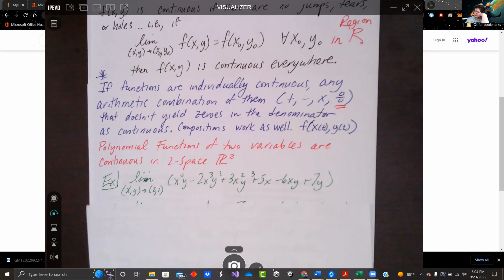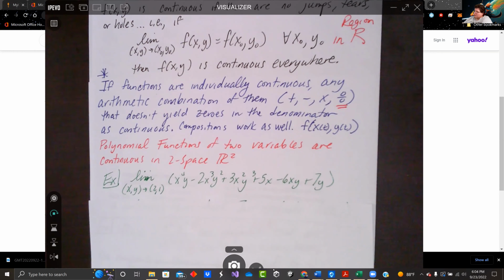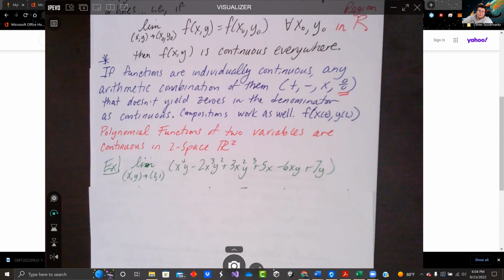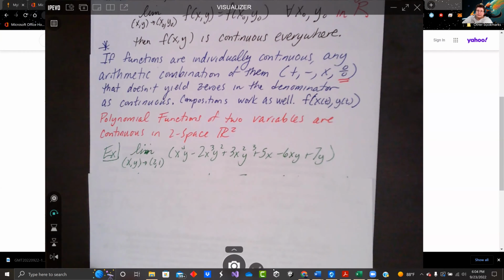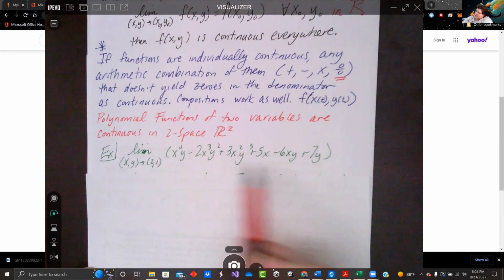So let's just take a look at an example. The limit as x y goes to 2, 1 of this long function f of x y: x to the 4th y minus 2x cubed y squared plus 3x squared y cubed plus 5x minus 6xy plus 7y. Each of these is a polynomial.